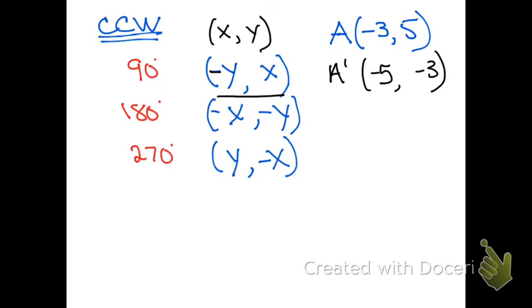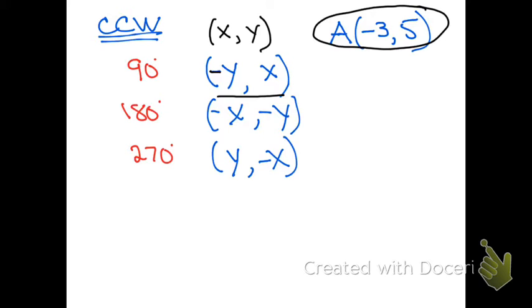Now let's go back to the original A, not A prime. So now ignore this one. Let's do a 180. Let me erase the one that we had for 90 so it doesn't get in your way. The rule for 180 says keep the order the same, but change both signs.